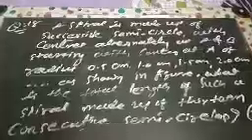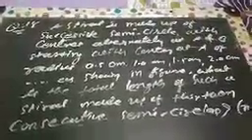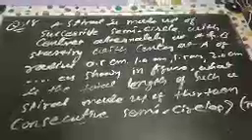Here, a spiral is made up of successive semicircles with centers alternately at A and B, starting with center at A of radius 0.5, then 1.0 centimeter, then 1.5 centimeter, then 2 centimeter, as shown in the figure.